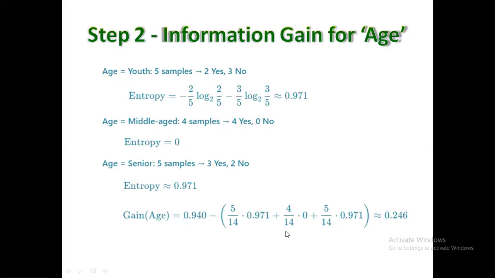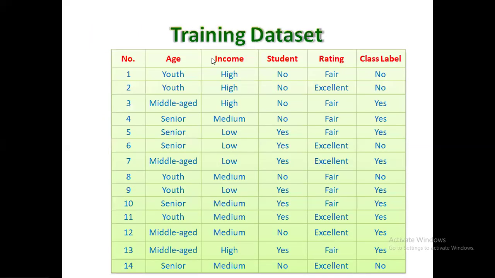And here the gain is given by the formula: entropy minus the weighted entropy for the particular attribute, which we have to calculate. For age, there are various values available: youth, middle aged, and senior. For each we consider how many yeses and nos there are.